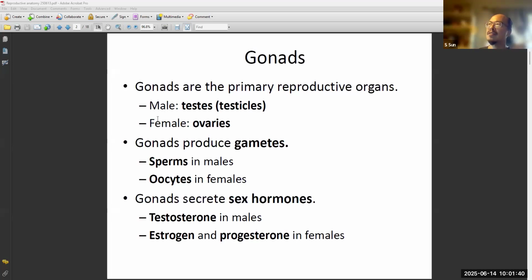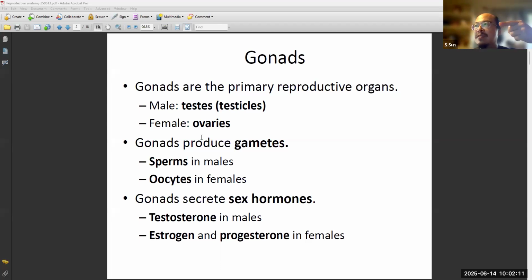So let's start. The primary organ for the reproductive system is called the gonads. In male, the gonads are the testes or testicles, same thing, just different names. In female, it's the ovaries. So these gonads have to perform that primary function for reproductive purpose, which is to make the cells.